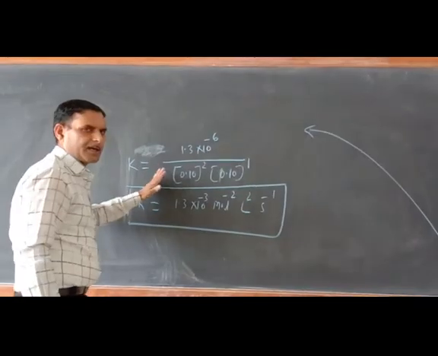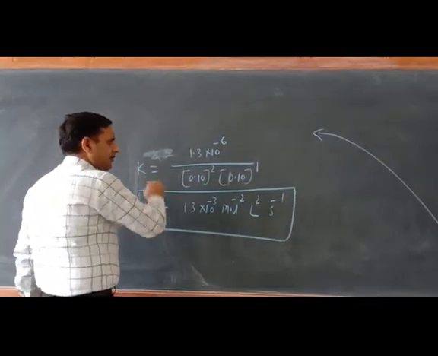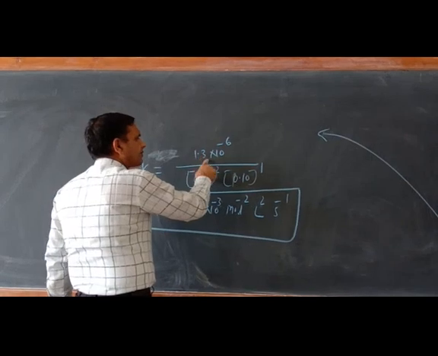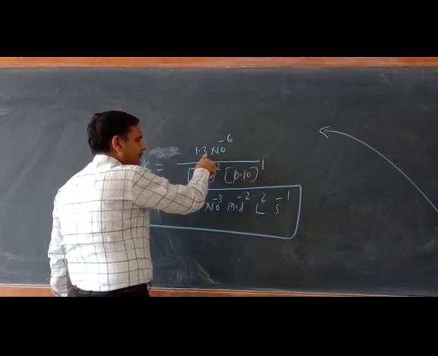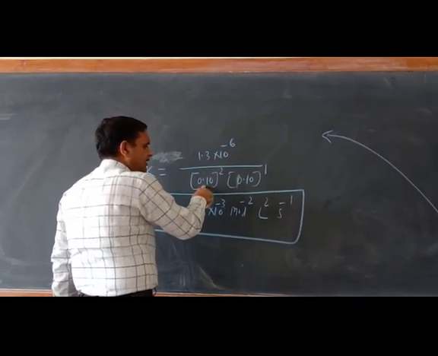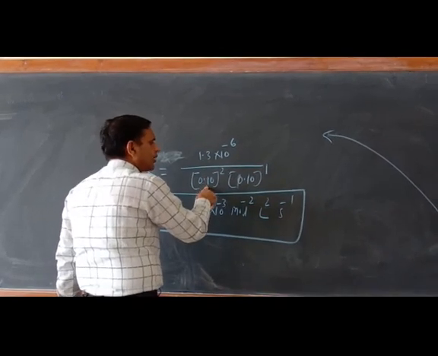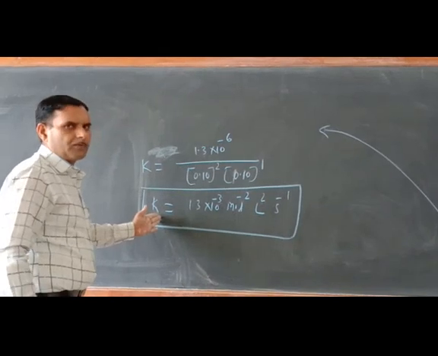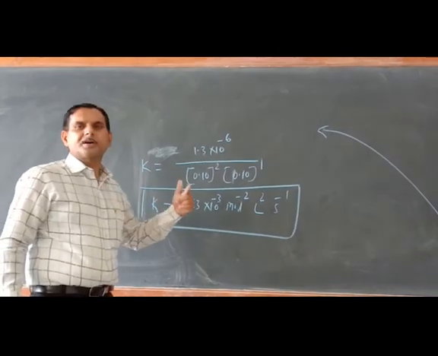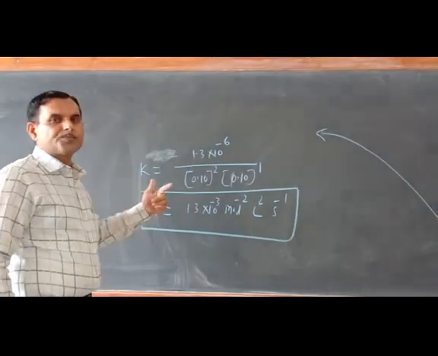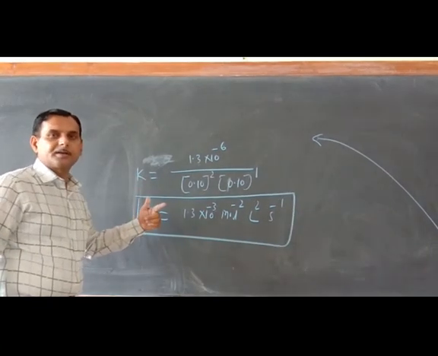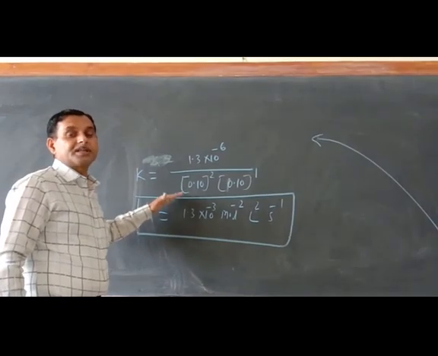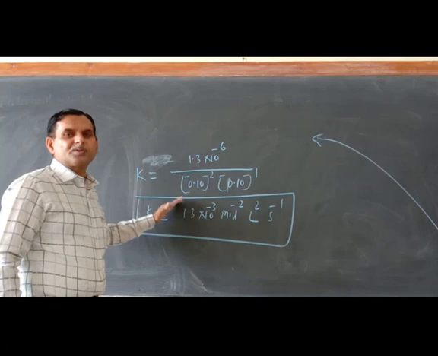Now again just remember, suppose rate of second experiment you are putting here, so the molar concentration of second experiment with respect to NO and Br2 should be put here. So again you will get the K value, because K rate constant does not depend on molar concentration, it depends upon temperature only.